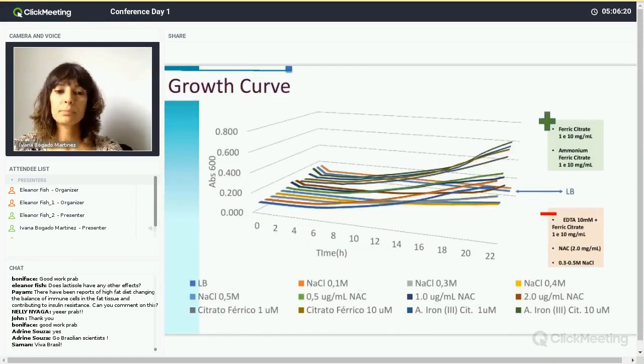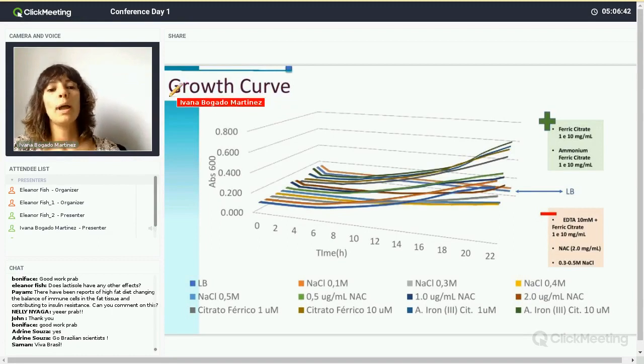The first result that we looked into was obtained by the agar diffusion growth technique. But by this technique, we couldn't observe any difference. That's why I didn't bring this result for you.